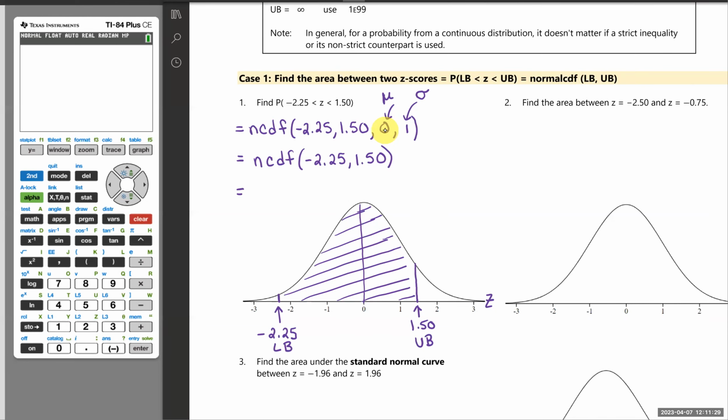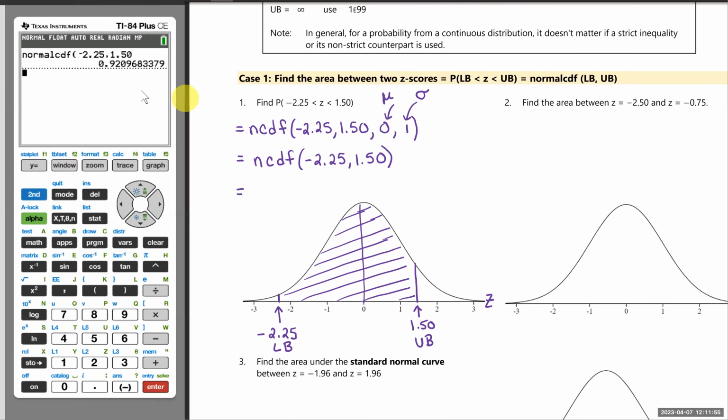So we go to our calculator, you go back to your distributions, normal CDF, negative 2.25, comma 1.5. You can put the 0 if you'd like. And I'm going to stick with 4 decimal places when we're doing our probabilities here. So that is 0.9209, and then 6 is the 5th decimal, so that 6 makes the 9 round up to 10.